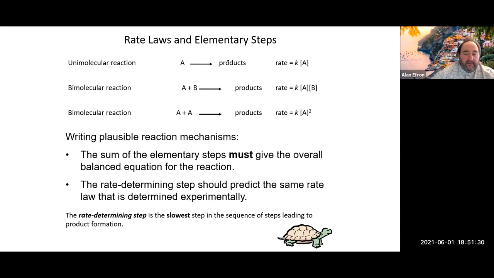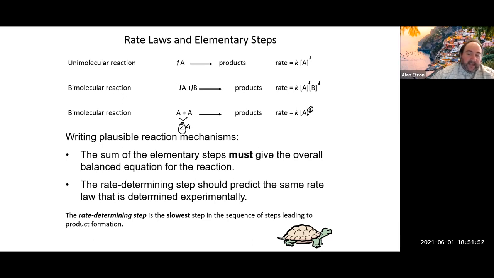For a unimolecular step, the coefficient is 1, so we could say the rate is equal to k times A to the 1. Here the coefficient is 1, and here it is 1, so we could write the rate law for this step as the rate is equal to k times A to the 1 and B to the 1. Here, this is basically the same as 2A, which is where the 2 comes from.